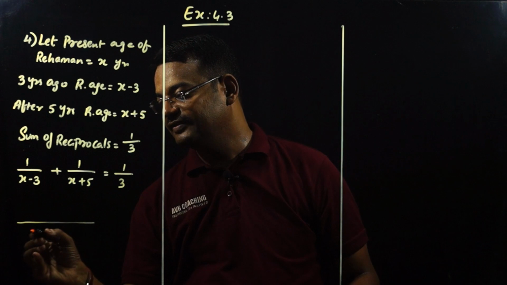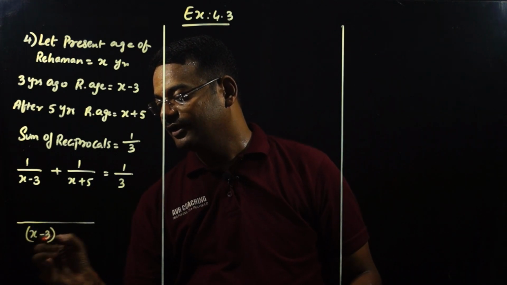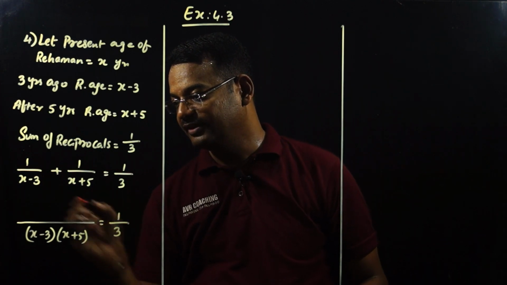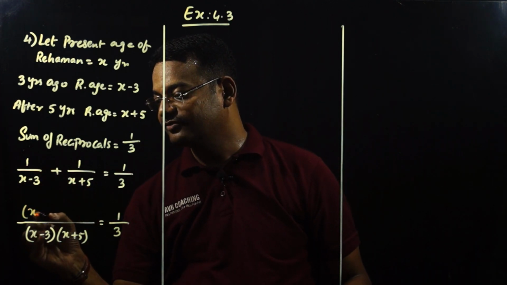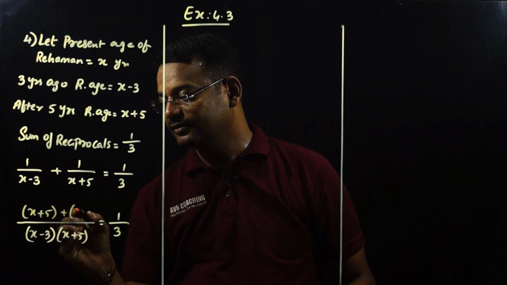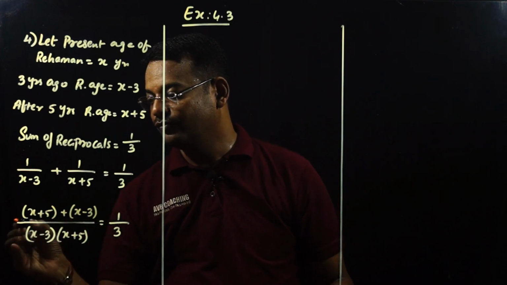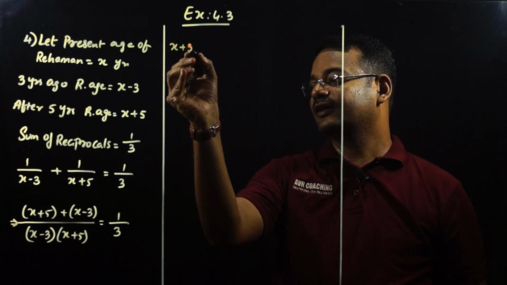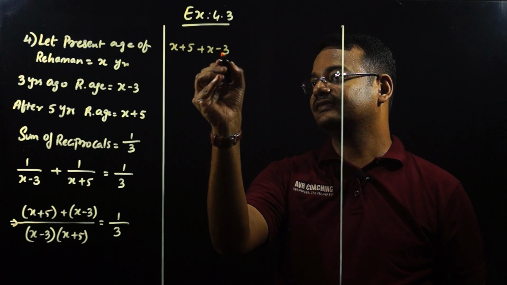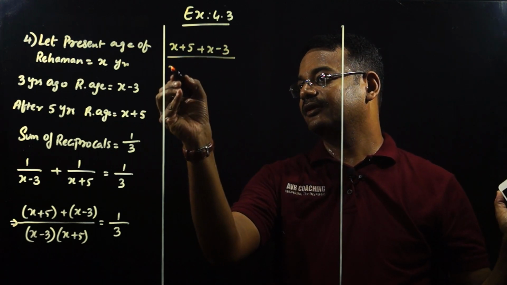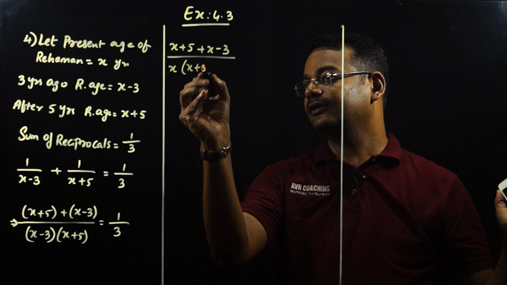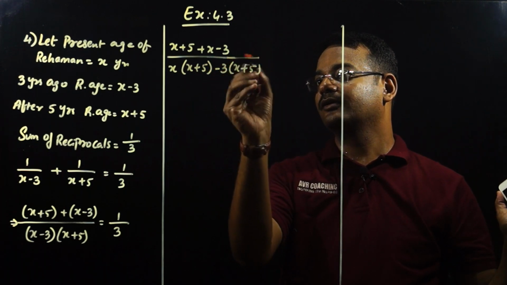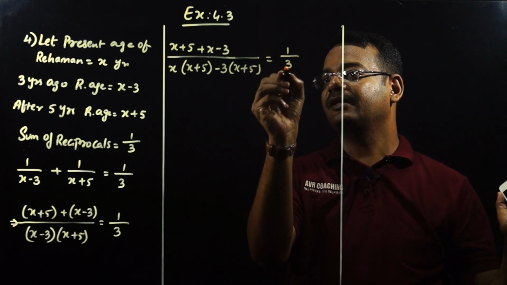Here the LCM will be x minus 3 into x plus 5, giving 1 into x plus 5 plus x minus 3 in the numerator. Opening the brackets, this is x plus 5 plus x minus 3 divided by x minus 3 into x plus 5, equal to 1 by 3.